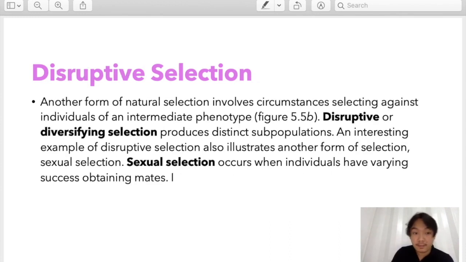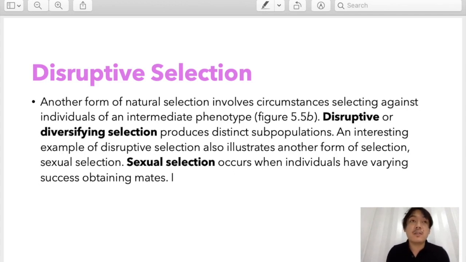Disruptive selection is another form of natural selection where circumstances act against individuals of an intermediate phenotype. Disruptive, or diversifying, selection produces distinct subpopulations. An interesting example also illustrates another form of selection, sexual selection, like when animals are choosy in their mates.